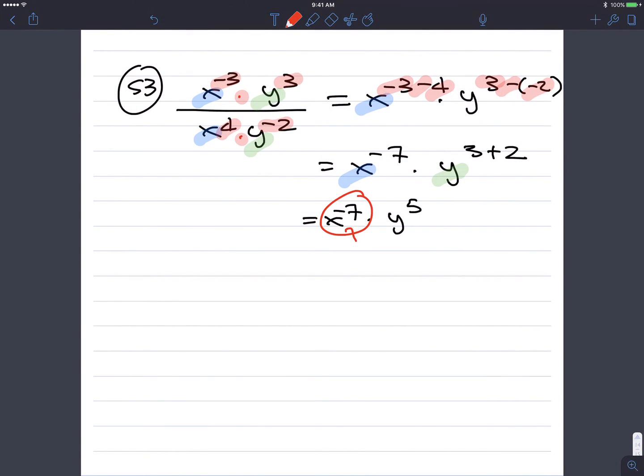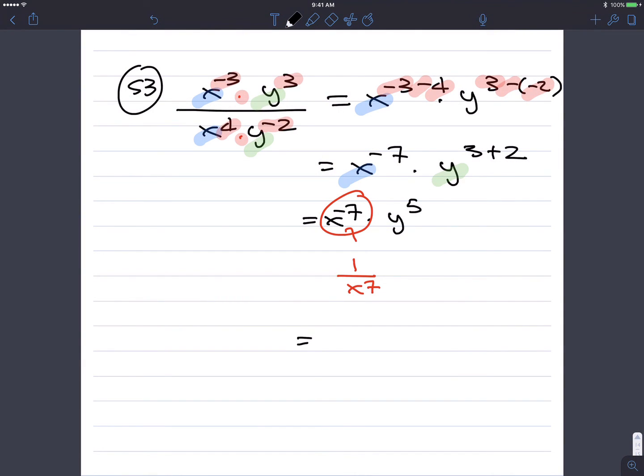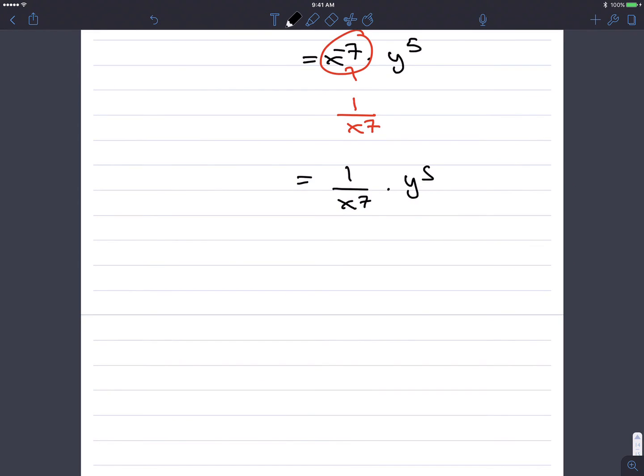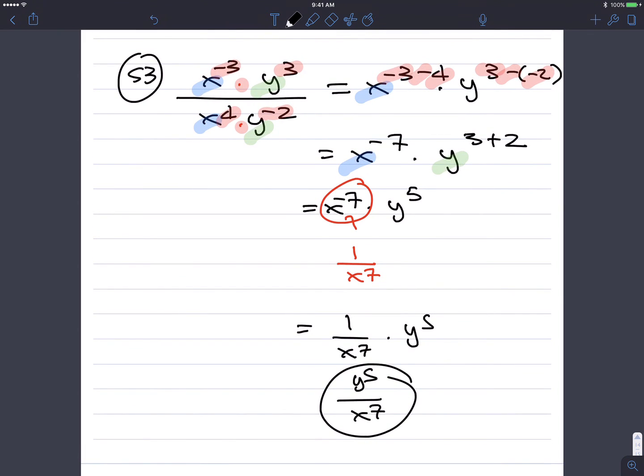We have to write it with a positive power. So that's 1 over x to the 7th. And we get 1 over x to the 7th times y to the 5th power, which gives you y to the 5th power over x to the 7th power. And that's 53.